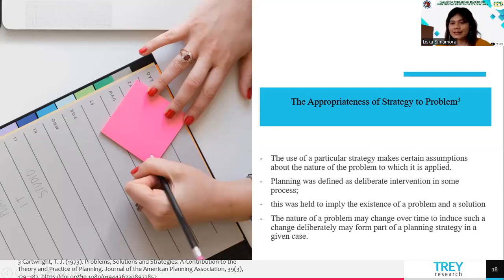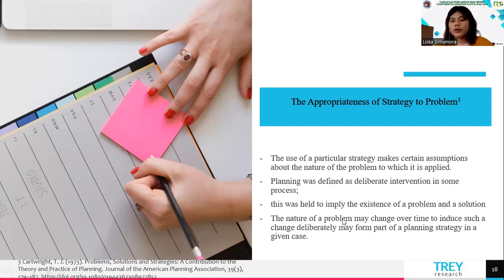In further slides, we are going to discuss how to plan before implementing the solutions. This was held to imply the existence of a problem and a solution. Again and again, we have to make sure whether the problem really happens, and whether the solution already exists or not.